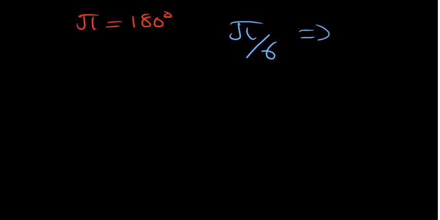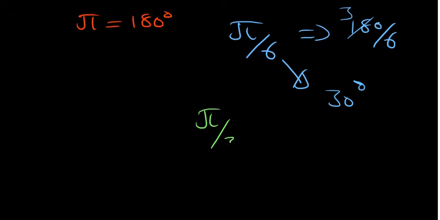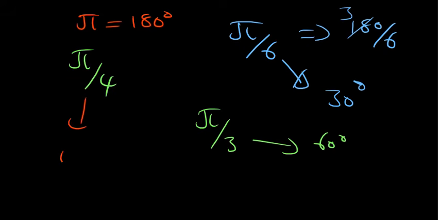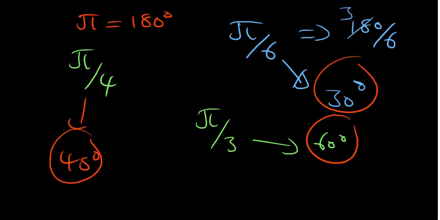Pi is 180, over 6, and 6 into 18 is 3, so you have 30. So pi over 6 means 30 degrees, pi over 3 means 60 degrees, and pi over 4 is equal to 45 degrees. So you'll be able to identify these special angles easily.